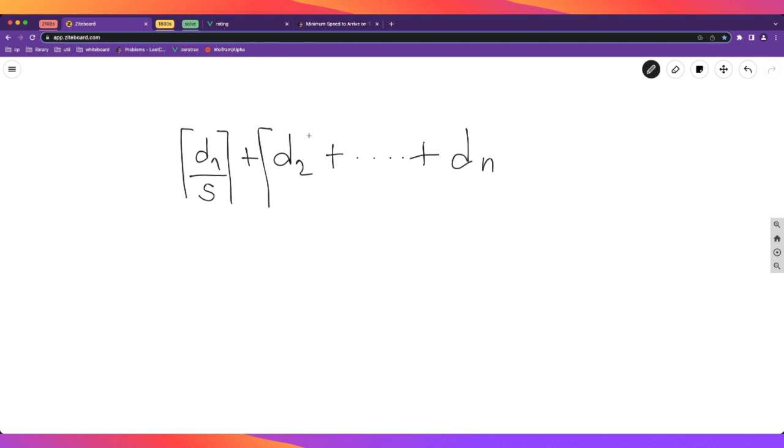So what I'm saying, so we have the distances. Let's say that we have distance 1 plus distance 2, and so on, and then distance n. But to calculate the time, we need to divide by the speed, and we want to round up, because that is what is going to make sure that we wait for the next train.